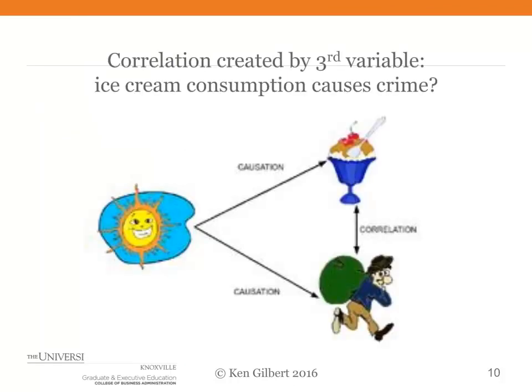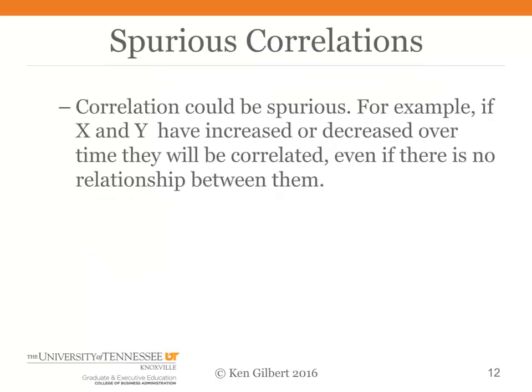There is a correlation between the crime rate and the sales of ice cream, because both go up when the temperature is warmer. And lots of times correlations are just spurious or accidental, and that's particularly true when you're dealing with time-ordered data.